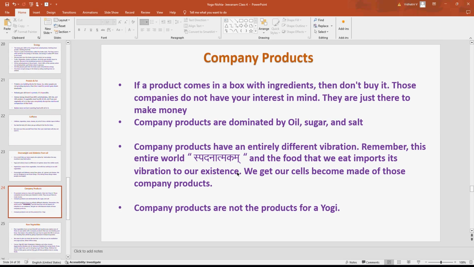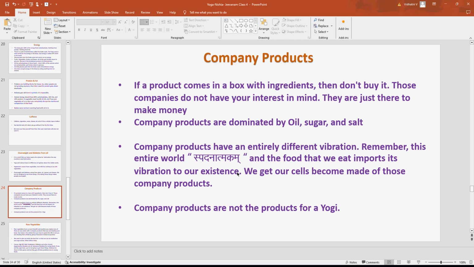Why? Because they have a lot of addictive ingredients, right? As a result, you might have noticed your kids also, after having a biscuit, they will always want more, right? Because the biscuits have so much salt, sugar, oil and other artificial flavors which make them very, very addictive. The more you consume, the more the company makes profit. So those people don't have your interest in mind.